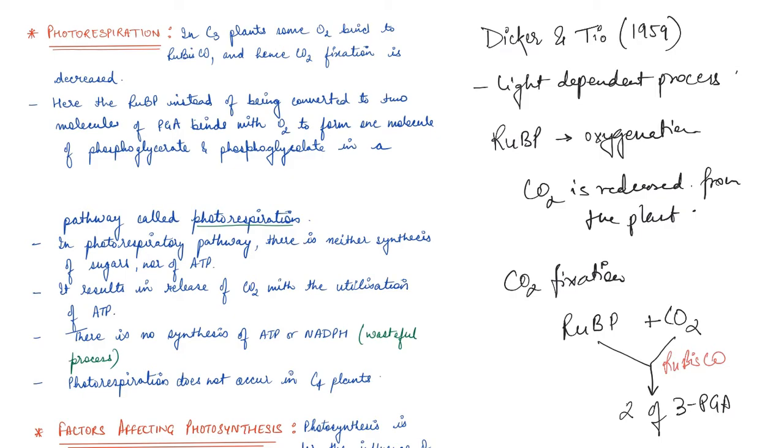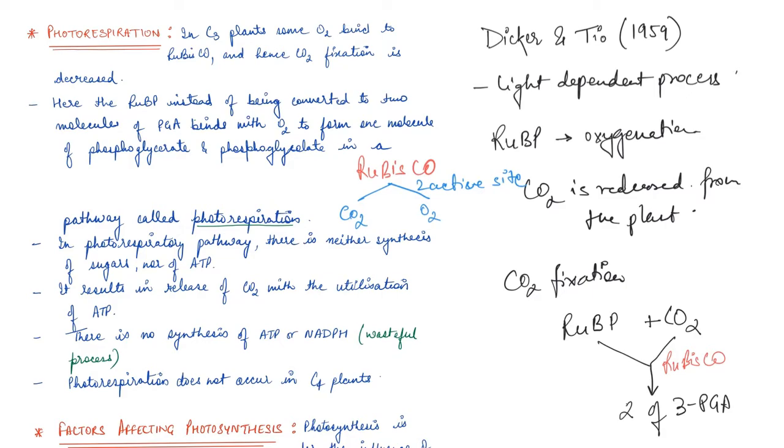Here, RuBisCO has two active sites, and that is why the name RuBisCO, carboxylase and oxygenase both, right? So it has two active sites, and one can bind to CO2, the other one can bind to oxygen, right?